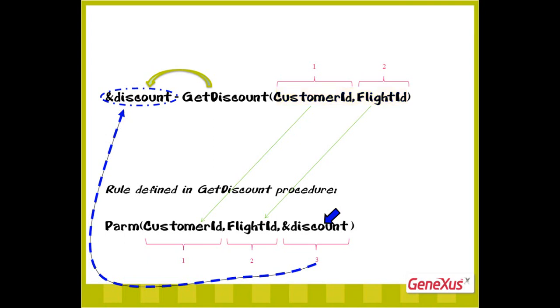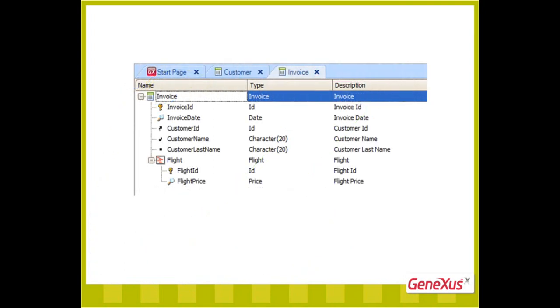the variable is used. An example where we have the data in attributes is the case where the call to the getDiscount procedure is defined in a rule of a transaction, where the user has entered a customer identifier and a flight identifier, and the values to be sent to the procedure are in attributes.